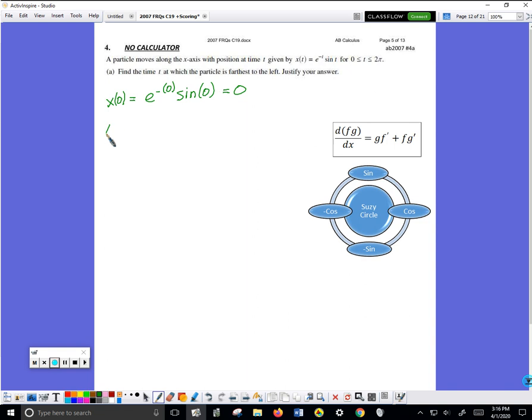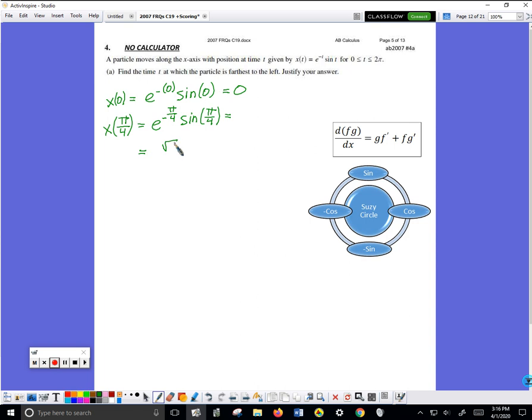Now I have to find x of pi over 4. That's the next candidate. They will not expect you to know this. It's just some positive number multiplied by this, which is root 2 over 2.